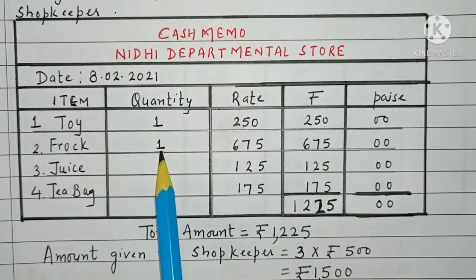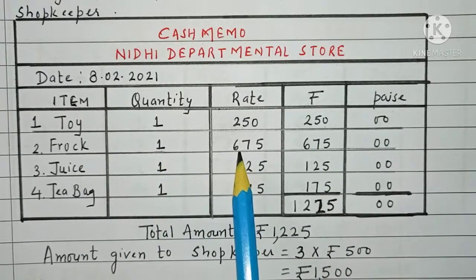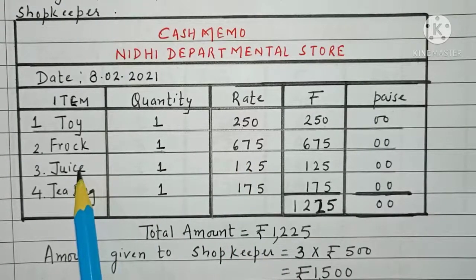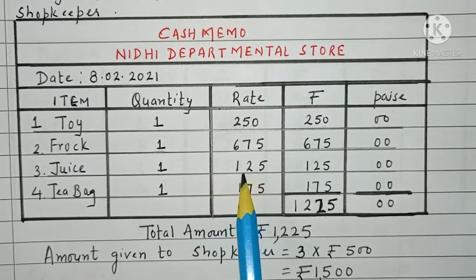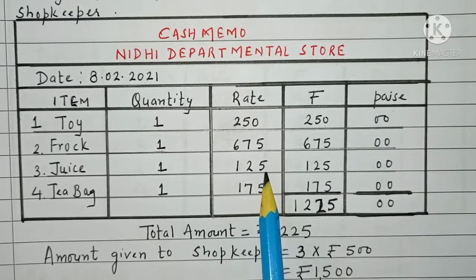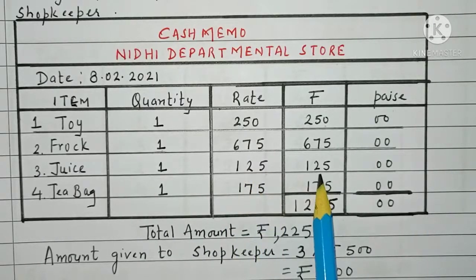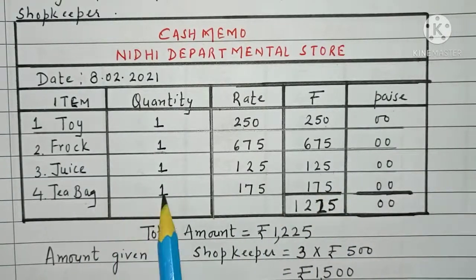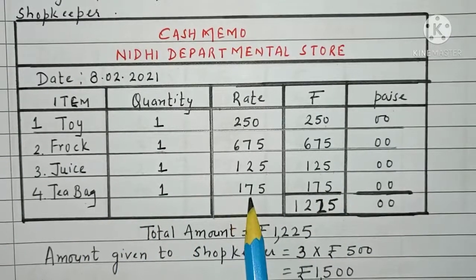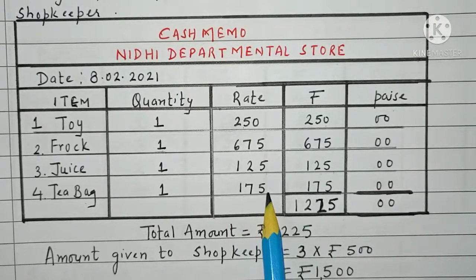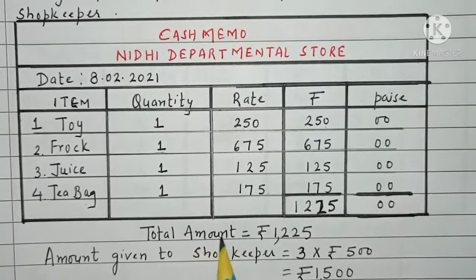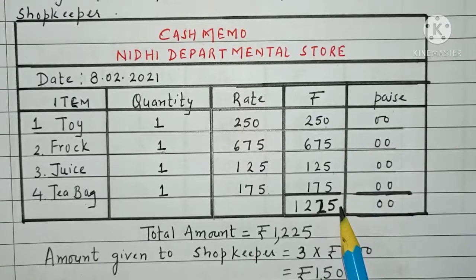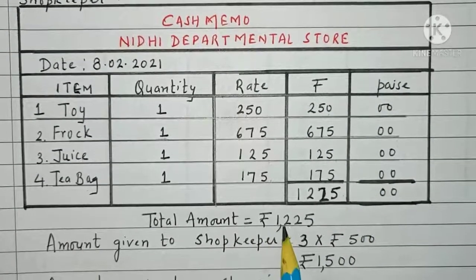Frock quantity is 1, rate is 675. Juice 1 packet at the cost of 125, so the cost is rupees 125. And the tea bag, 1 tea bag costs rupees 175. So total amount is to be calculated by adding all the amounts, which comes out to be rupees 1225.